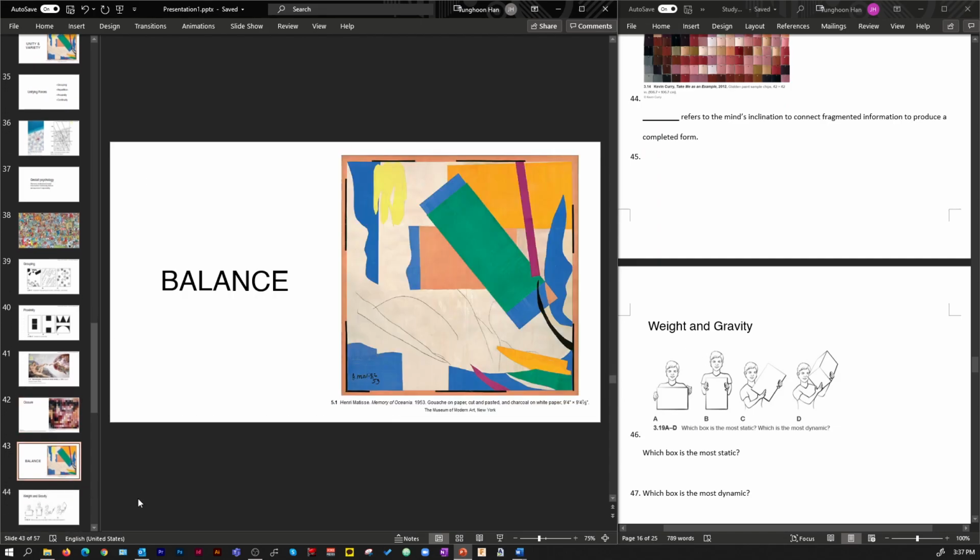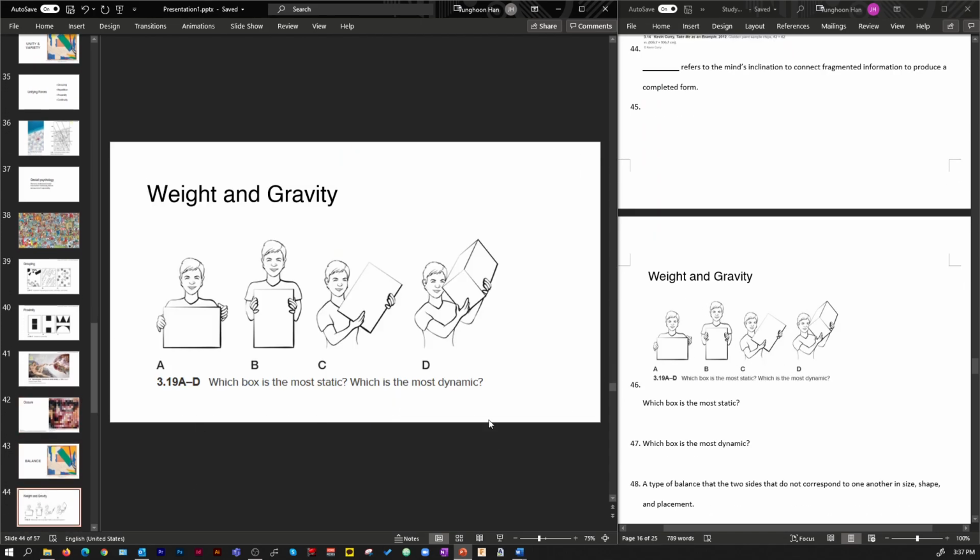And next, let's talk about balance. In this chart, we talk about which box is most static. When we talk about static and precarious, precarious generally has to do with dynamic movement as well. If an element's shape is more parallel to the horizon level or the orientation of the frame, it is more stable. In this case, A is the most stable because this line is the biggest side that is parallel to the frame orientation.